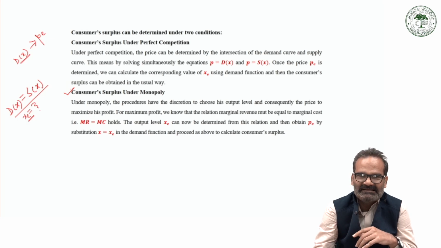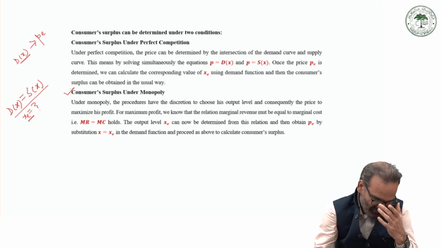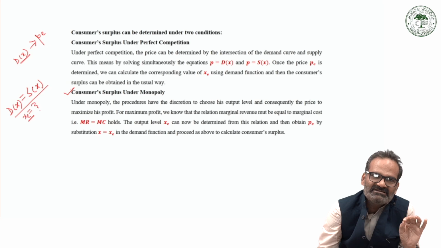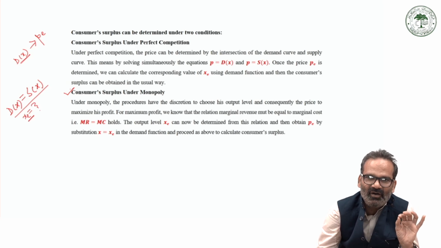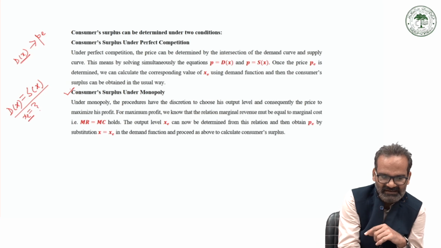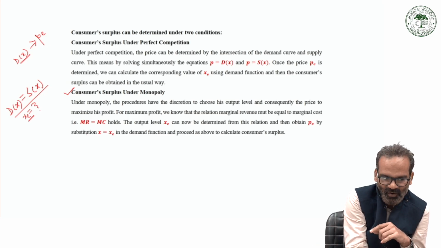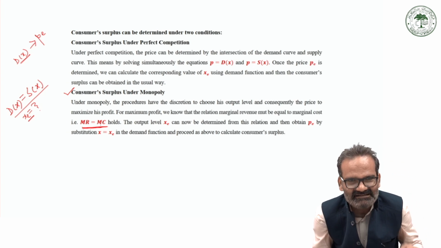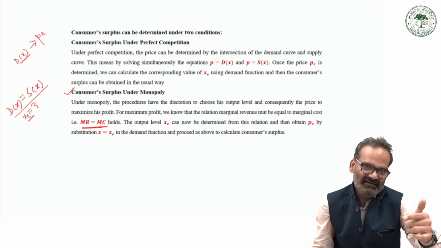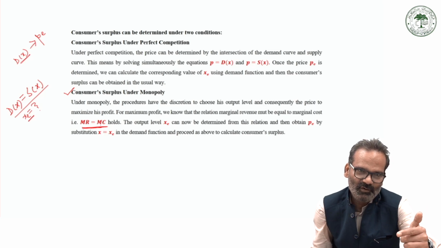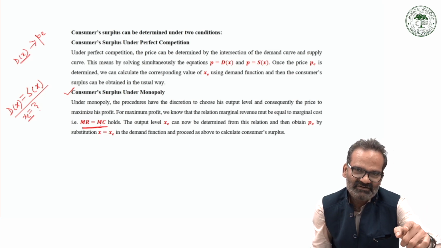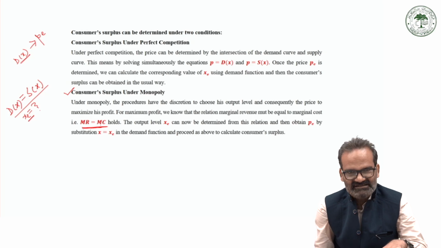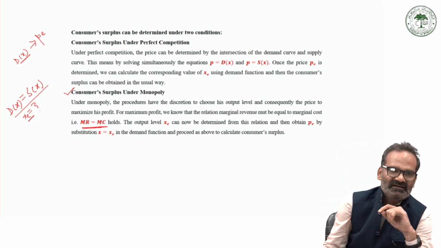We have studied a number of conditions for maximization of profit, and among all those conditions we will use only one. We know the profit is maximum when marginal revenue equals marginal cost. In the same way as in the earlier case, perfect competition, where Dx equals Sx, here marginal revenue should equal marginal cost.